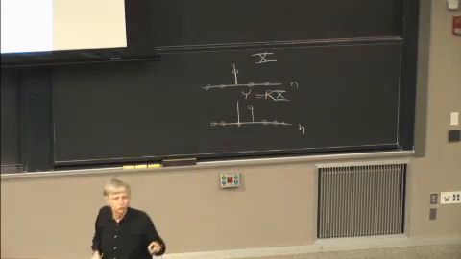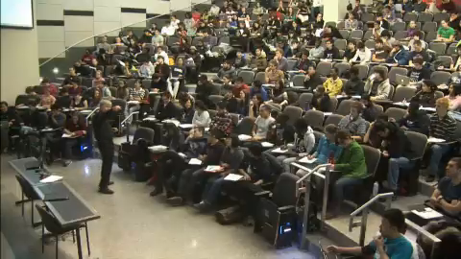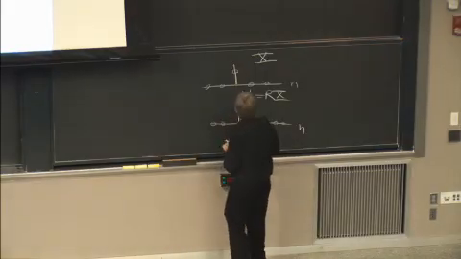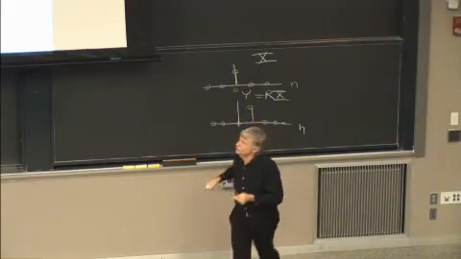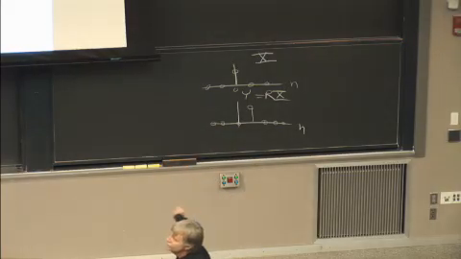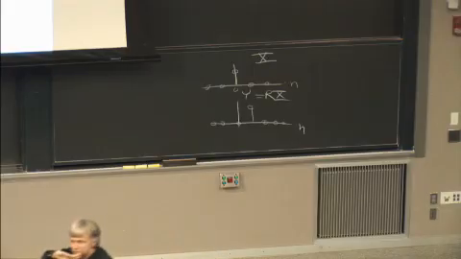So is it true that y of n is x of n for all n? No. Is it true that y of n plus 1 is equal to x of n for all n? Well, is it true for n equals 0? Yeah. Thank you. So if we did n equals 0, we would get y of 1, which happens to be 1, and x of 0, which also happens to be 1.